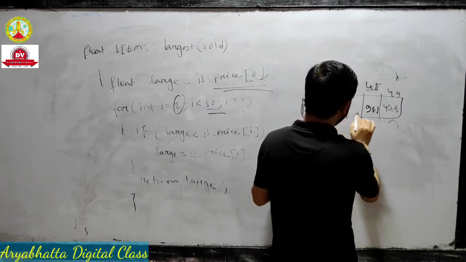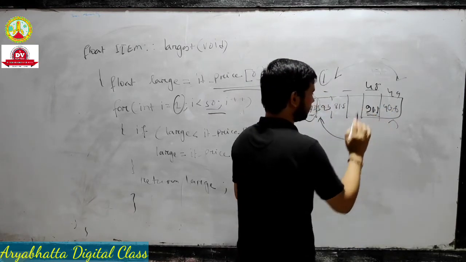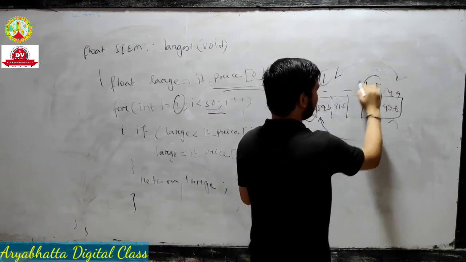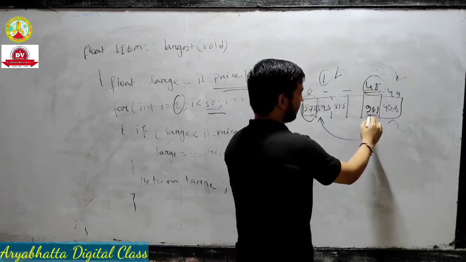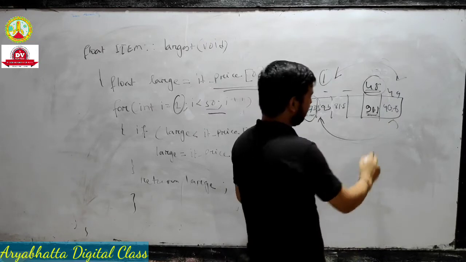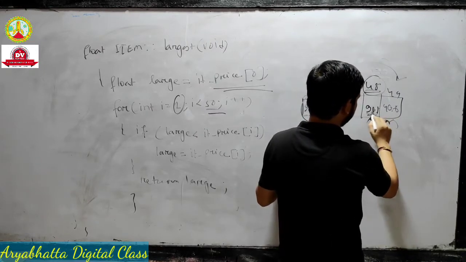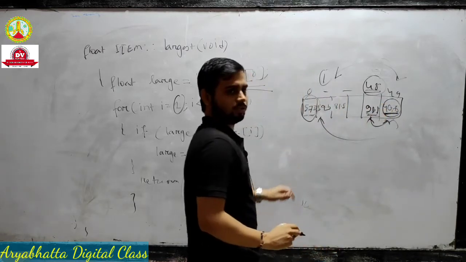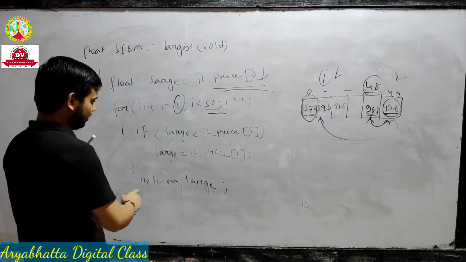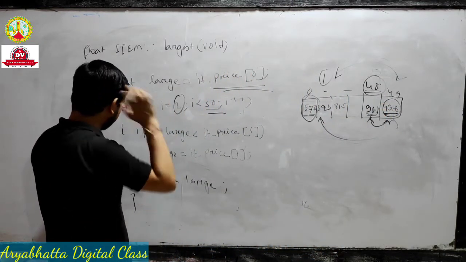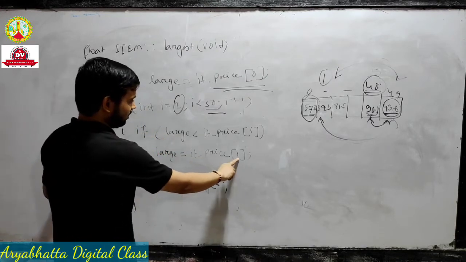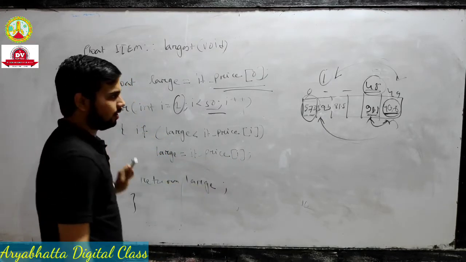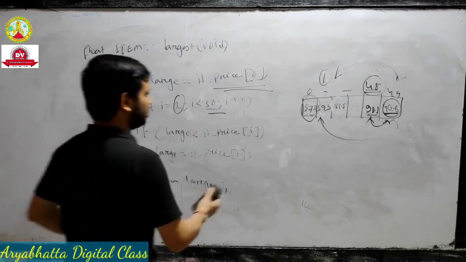Then after going, you see that the 48th index price is the largest. Then you see from the last prices comparing, this value will be less than this, then the last will be the largest, okay. Means your large will be it_price[49].